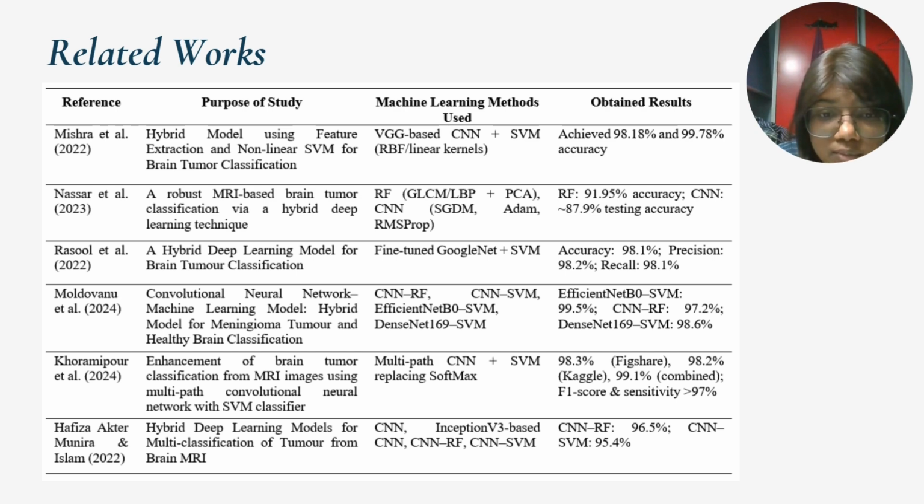As we can see from these studies, hybrid models, particularly those combining CNN with SVM or RF, consistently yield high accuracy in brain tumor classification tasks. This finding reinforces the effectiveness of integrating deep learning with traditional classifiers in medical imaging applications.